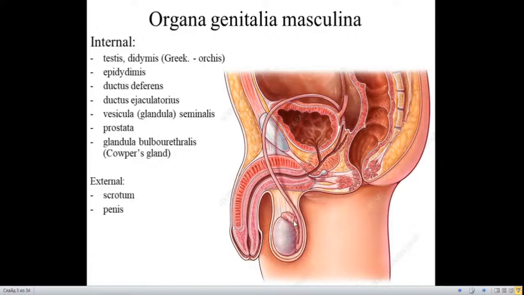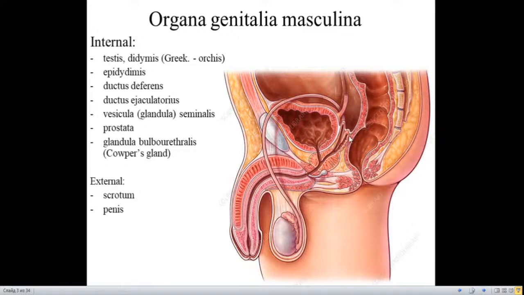Next organ, epididymis, which is attached to the posterior border of testis. Next organ is ductus deferens, a very long tube which conveys sperm. Sometimes it is known as vas deferens. You can use both terms. Next organ is ductus ejaculatorius, the ejaculatory duct.